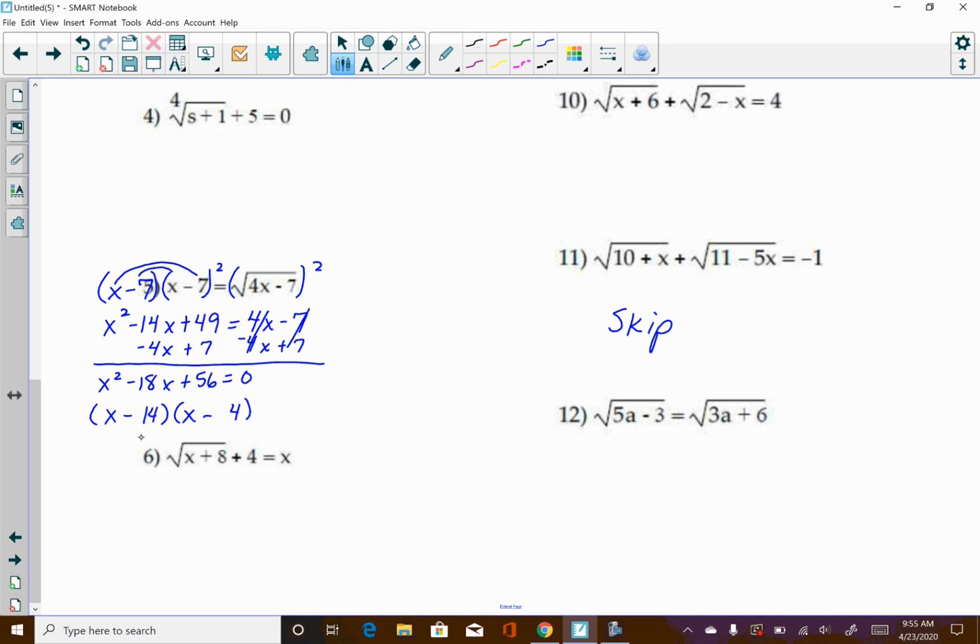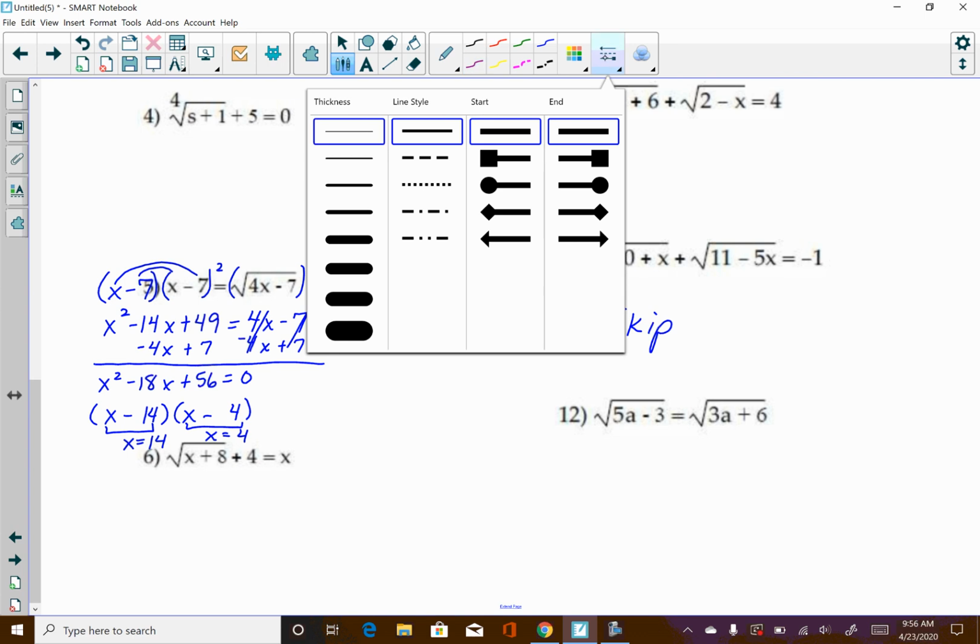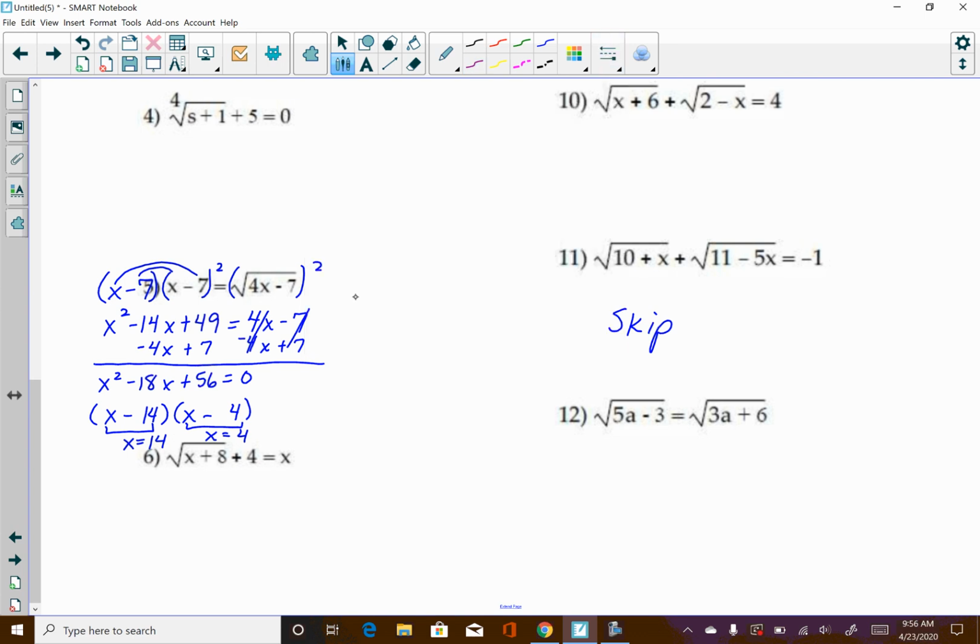And then if you set both of those equal to 0, if I set x minus 14 equal to 0 and solve for x, I'm going to get x equals positive 14. If I set x minus 4 equal to 0 and solve for x, I'm going to get x equals positive 4. So now if I check myself, if I plug in a positive 14, then I'm looking at 14 minus 7.